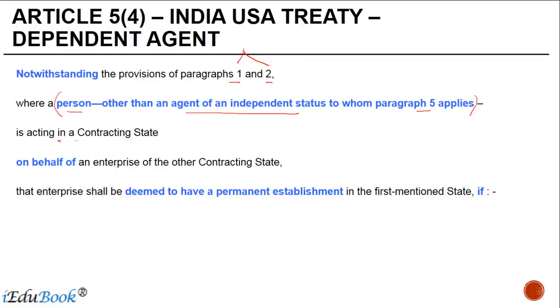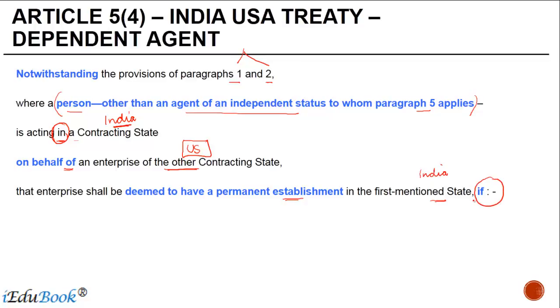Is acting in a contracting state, is acting in India on behalf of an enterprise of the other contracting state, a US enterprise. So he's acting in India on behalf of a US enterprise. That enterprise shall be deemed to have a PE in the first mentioned state, which is India.